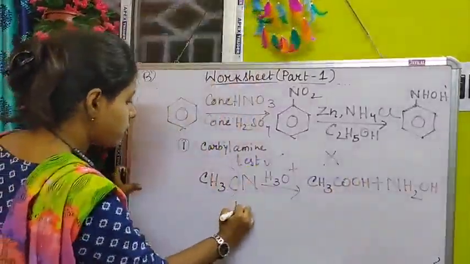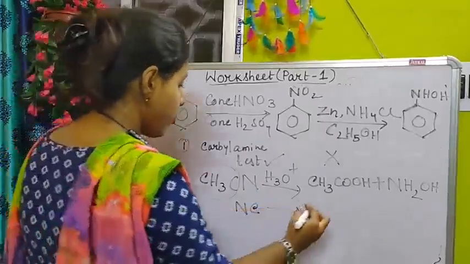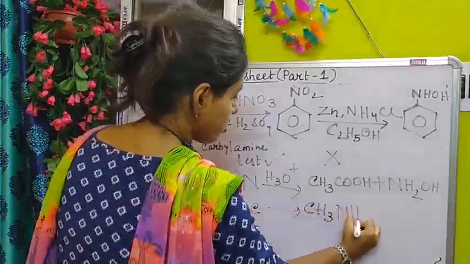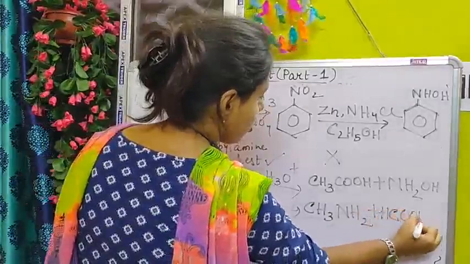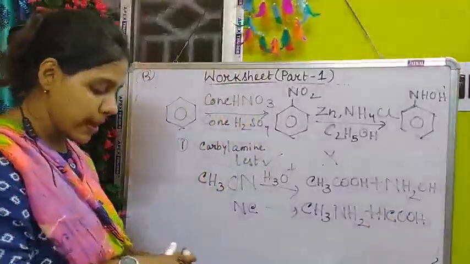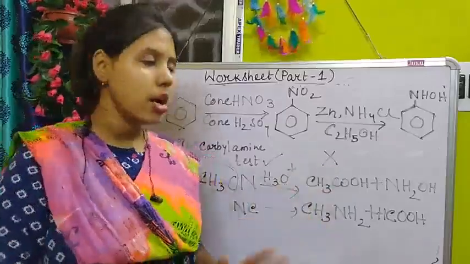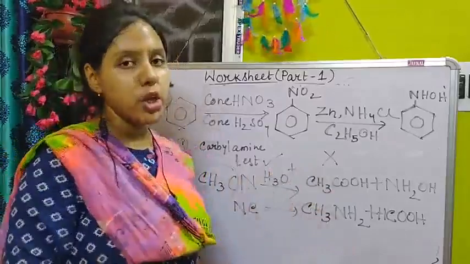But in case of isocyanide, after hydrolysis we will get CH3NH2 and HCOOH. These two compounds will be formed. So these reactions I have already discussed in your class. Okay, only the differences I have not given. The difference you have to write by yourself.